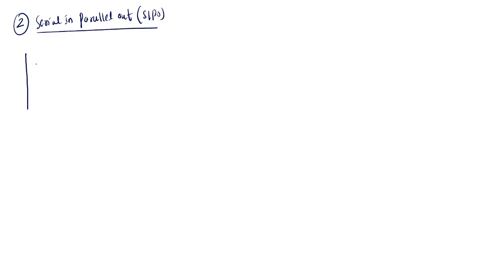SIPO means what? Serial in, parallel out. Okay, this is SIPO. So next, I am drawing these four D flip flops.